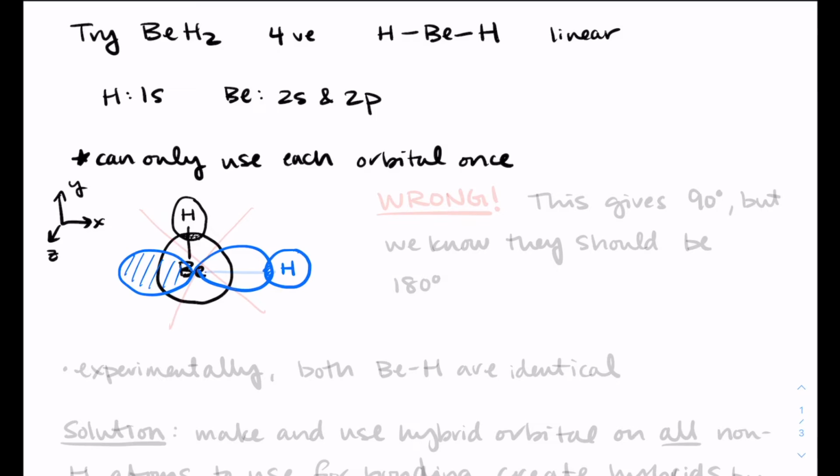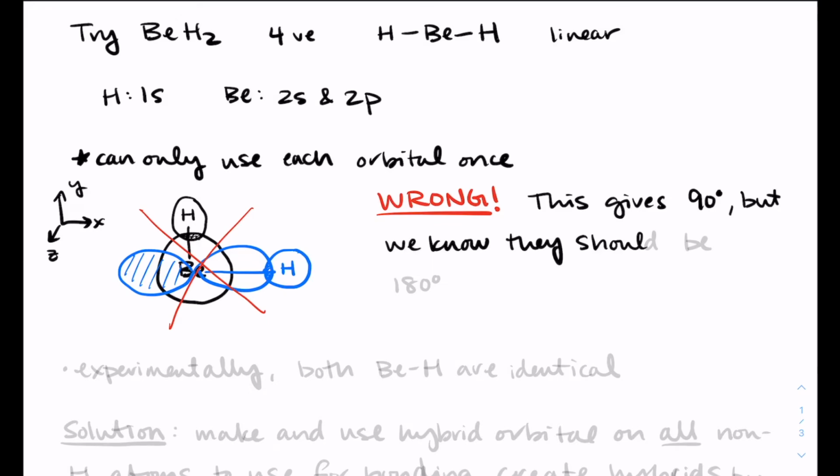So if we do our best, still putting things as far apart in space as we can get, I could use the px. So I've got a px on here bonded to the other hydrogen. The other hydrogen has a 1s. But this is wrong. If I draw the bonds in, my bond angle is 90 degrees, but we know from VSEPR that the bond angle should be 180 degrees.